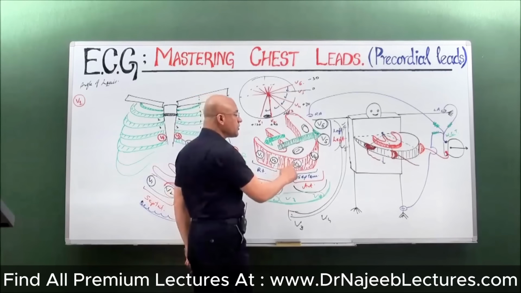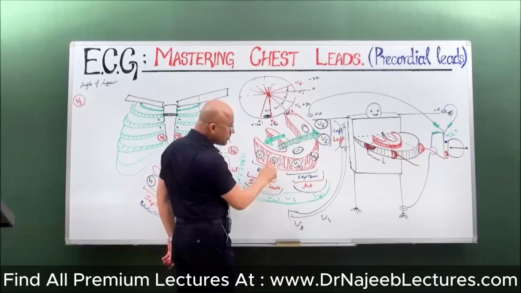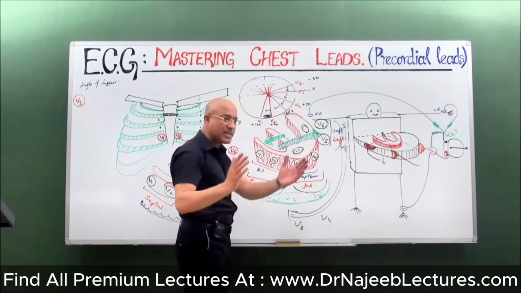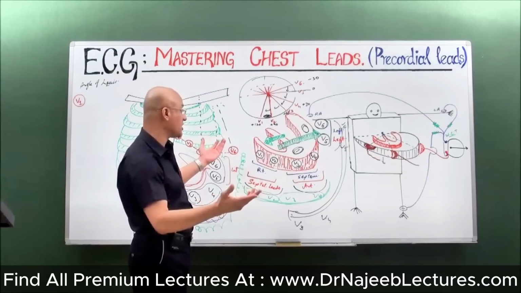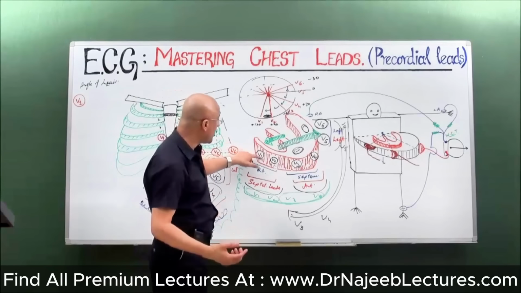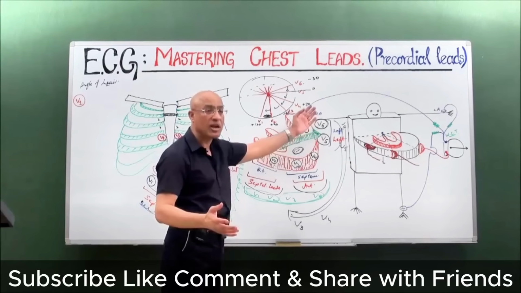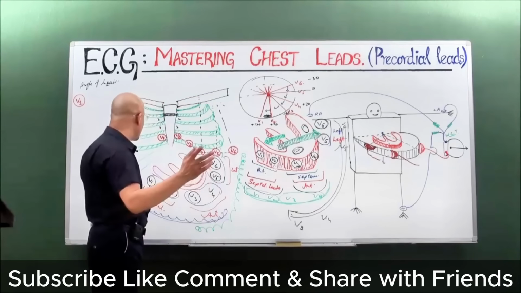If they are extending from V3 to V6, anterolateral, anteroapical. If they are extending from V2 to V5, major anterior, big anterior MI. Is that clear? And if unfortunately some very unfortunate person has all over changes, there's a massive anterior anterolateral MI even showing the septal changes, it has a very bad prognosis, right?